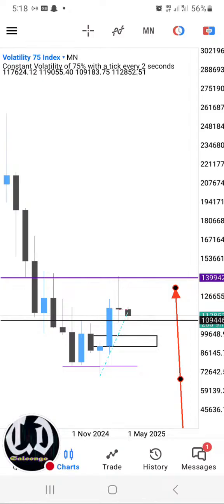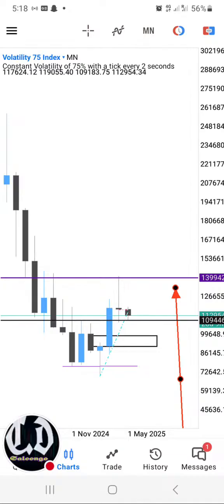Within this live, we are going to be seeing the market analysis of the Volatility 75 index. Right now, we are going to be starting on the higher time frame, and I'm going to be analyzing using these MT5 charts, because TradingView stops at the daily as its highest time frame.